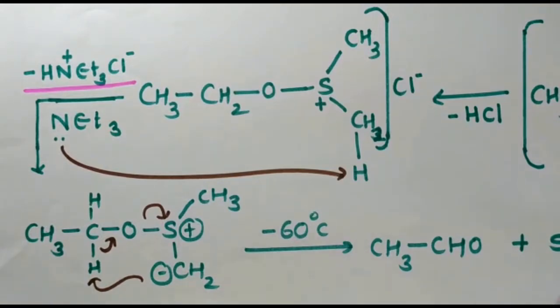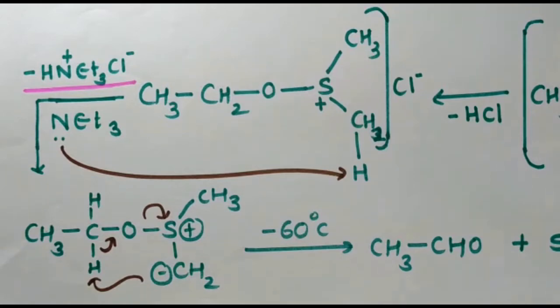But this all will happen when the temperature of the reaction medium is minus 60 degrees Celsius. Once the temperature is above minus 60 degrees Celsius, the Pummerer rearrangement will be carried out. So in the product we will get the methyl thioethers. For this reaction, it is necessary to maintain the reaction temperature at minus 60 degrees Celsius.